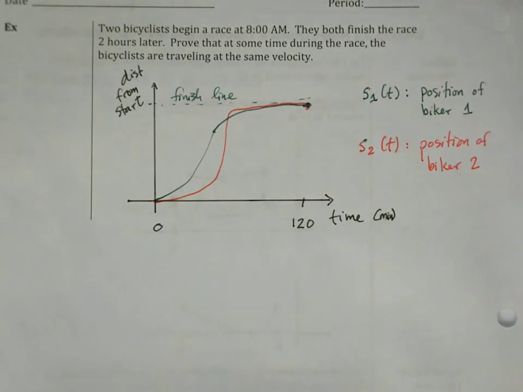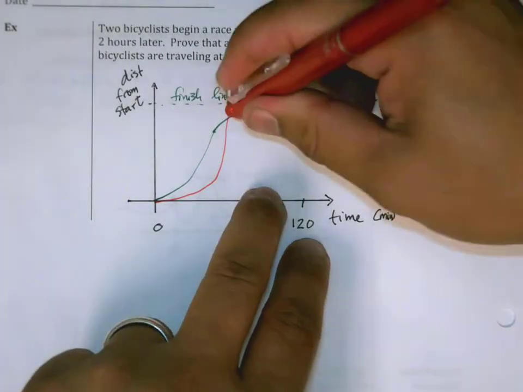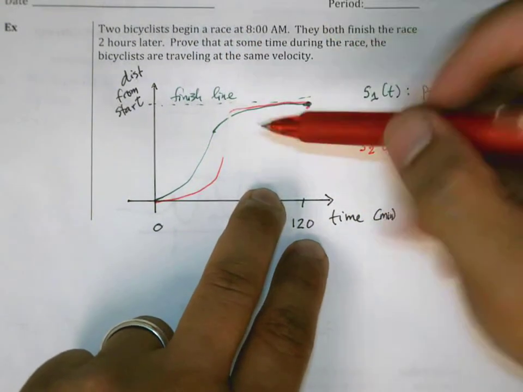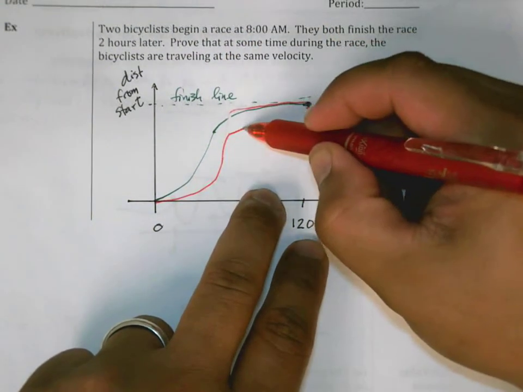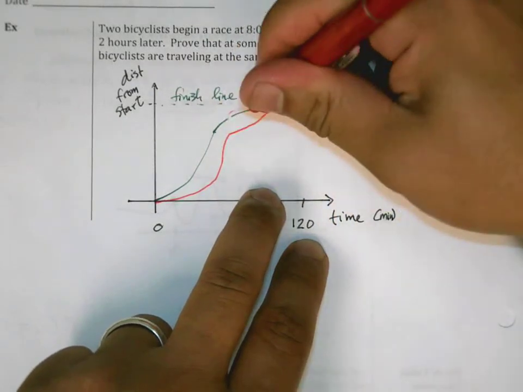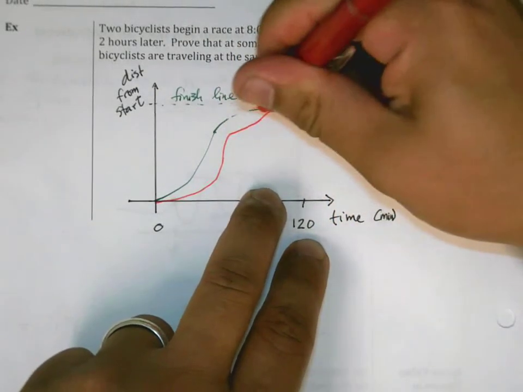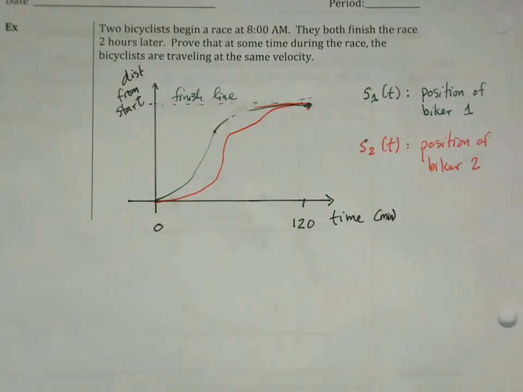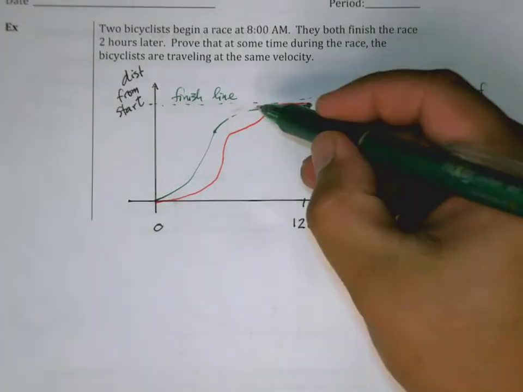Maybe we'll make it a little more interesting: he gets fast, levels off, gets fast again, levels off. I'm totally making this up, because we really have no idea what's happening to these bikers between the start and the finish. We just know that they start at the same time and they finish at the same time.